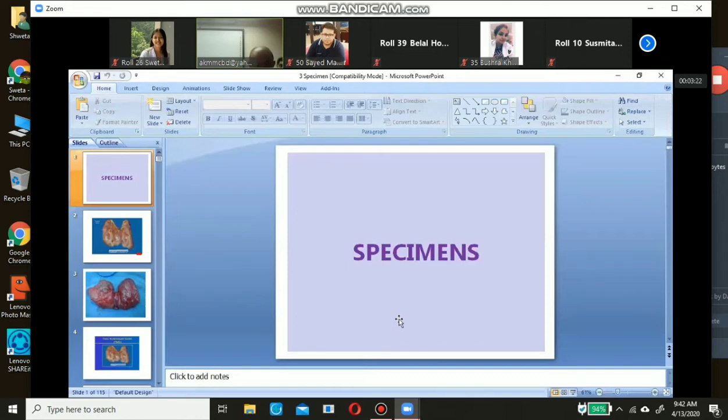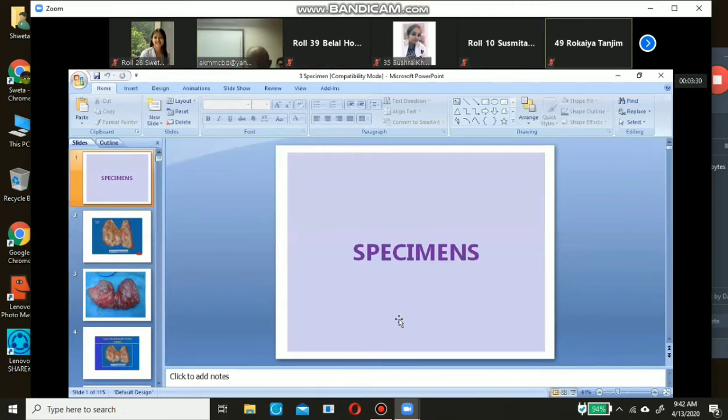And when you see a picture of a specimen, first try to identify which organ it is. If you can identify the organ, you can very confidently diagnose the pathology.